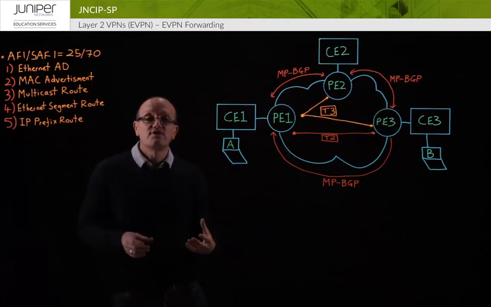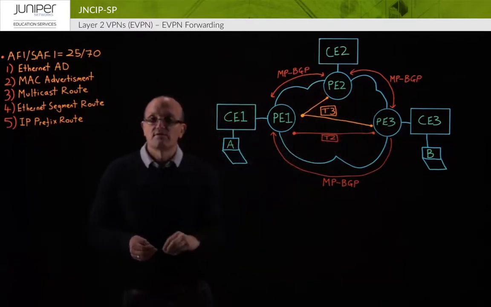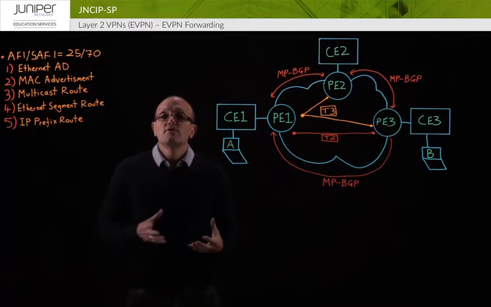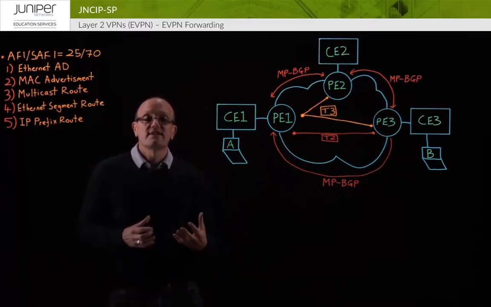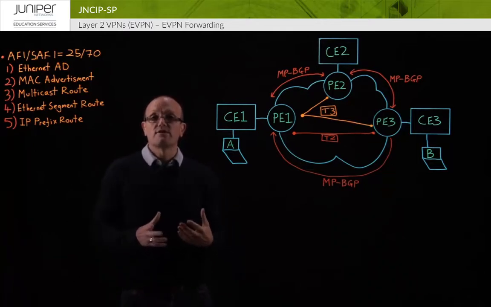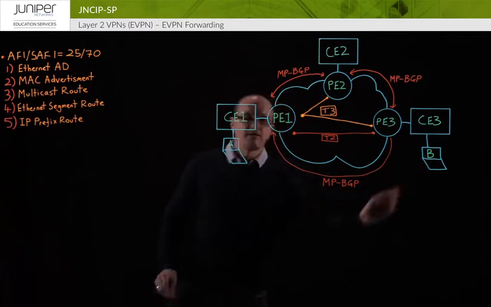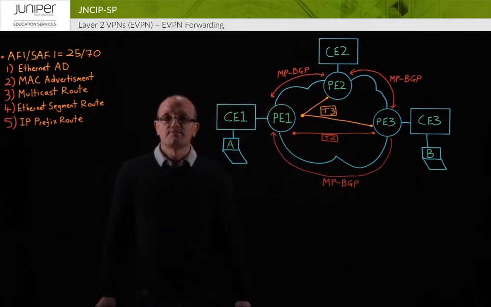Thereby, we're reducing the amount of unknown unicast flooding that's going on in the core of the network. So let's now talk through the signaling that's supporting this, and we can finish by actually walking through what happens when two hosts connected to an EVPN start to communicate.